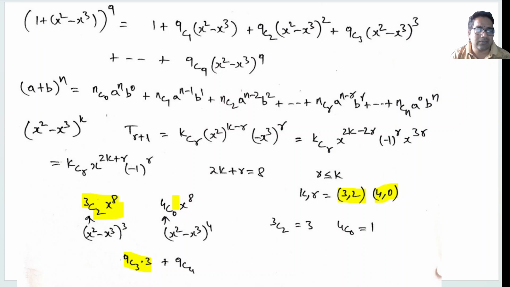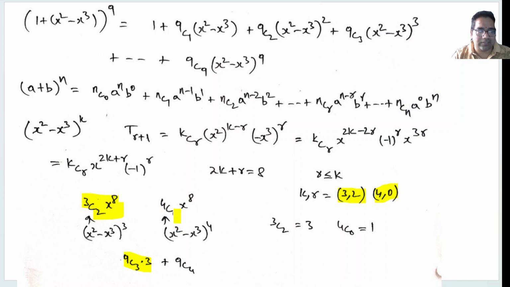Right. That is 4C0. This is the first term, right? Clearly, right? (x square minus x cube) whole power 4. Obviously, the first term itself is x power 2 times 4. That is x power 8. That is the first term. 4C0 (x square) whole power 4, x power 8. So, in (x square minus x cube) whole power 4, we are getting this term. Only this term, nothing else, right?